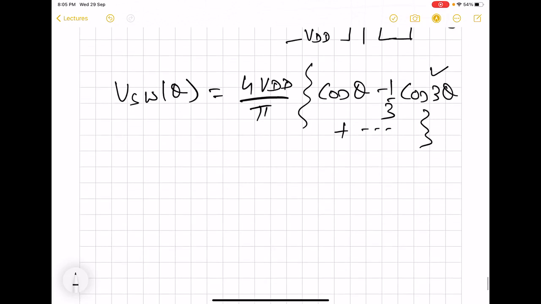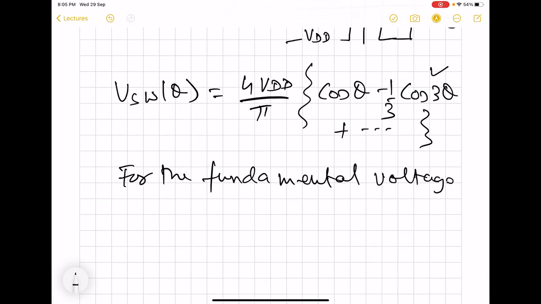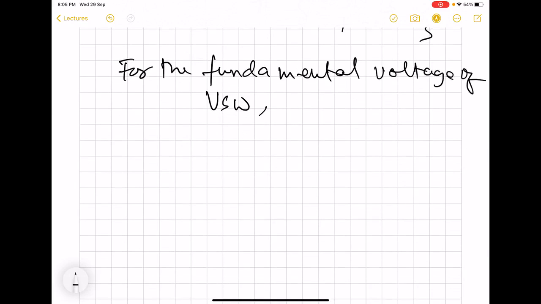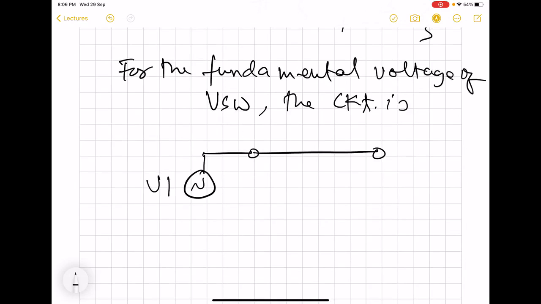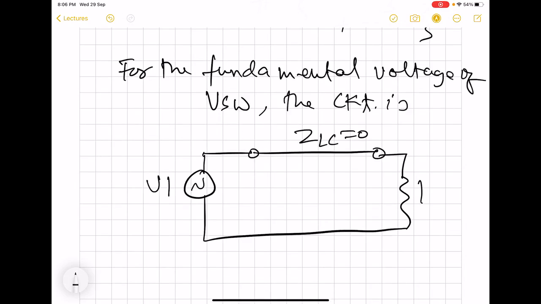So what we can do is find out the fundamental. So for the fundamental, this L and C combined, they will offer 0 impedance, and we have RL.